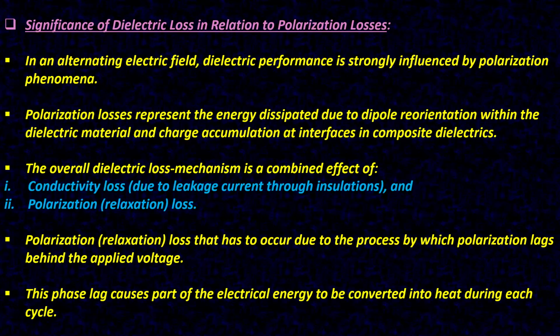Polarization or relaxation loss occurs due to the process by which polarization lags behind the applied voltage. This phase lag causes part of the electrical energy to be converted into heat during each cycle.